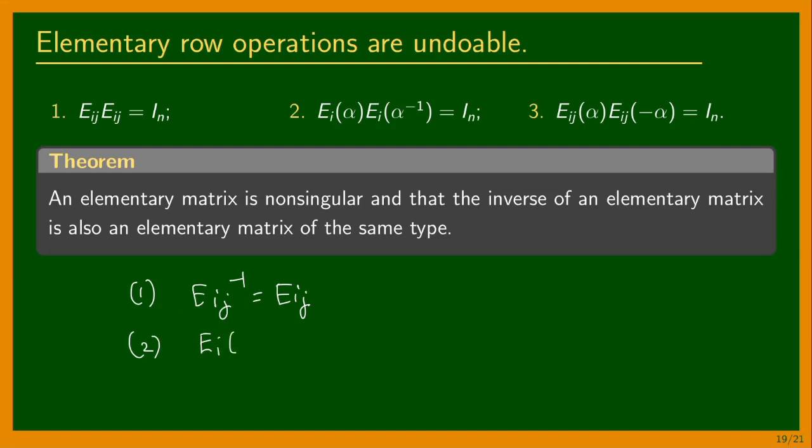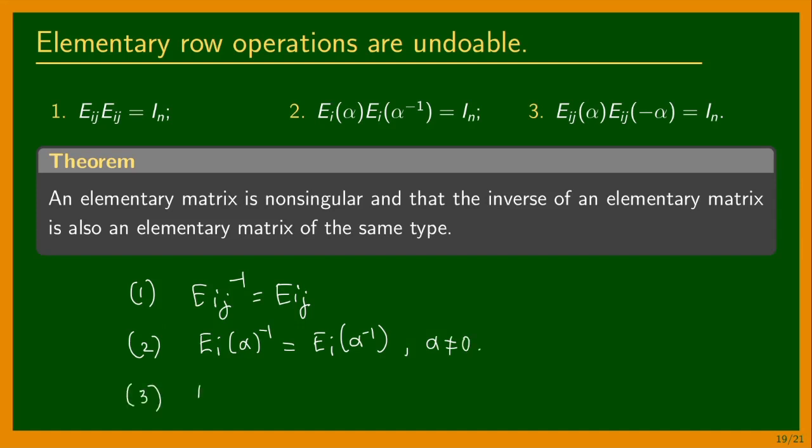If you want to reverse a type 2 operation, you do the same type 2 operation, but you multiply by the multiplicative inverse of alpha instead. That's why alpha here should not be 0.